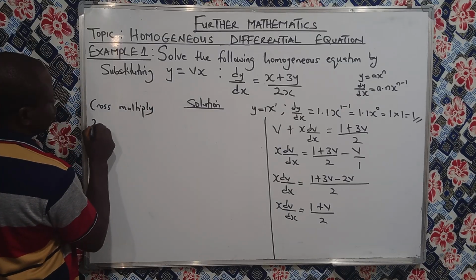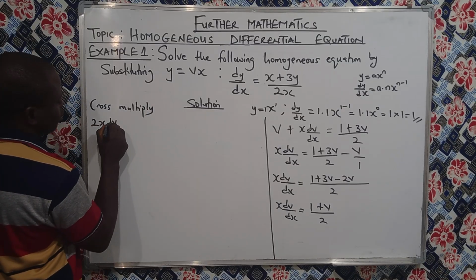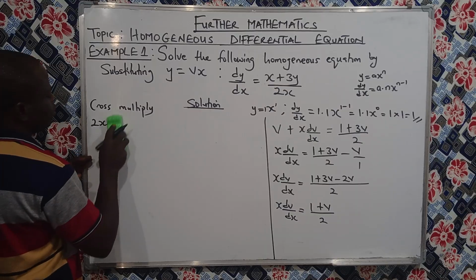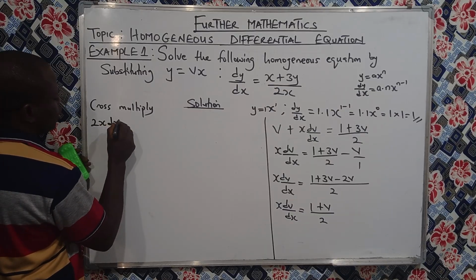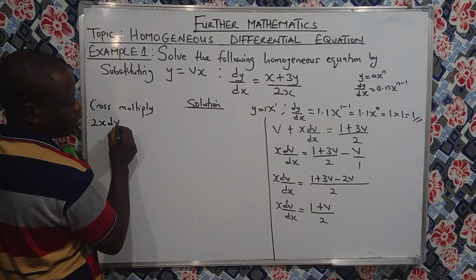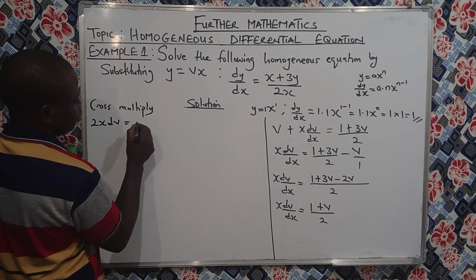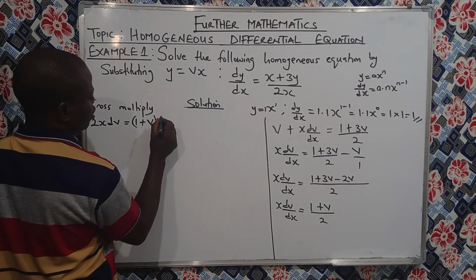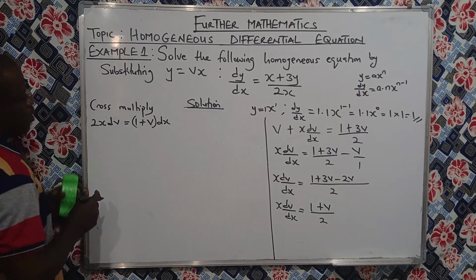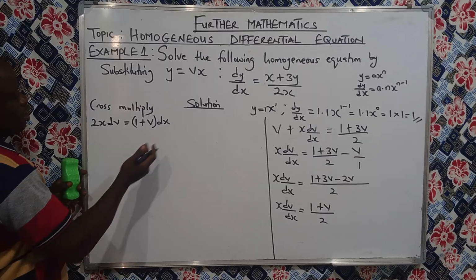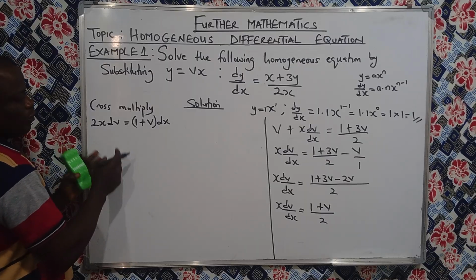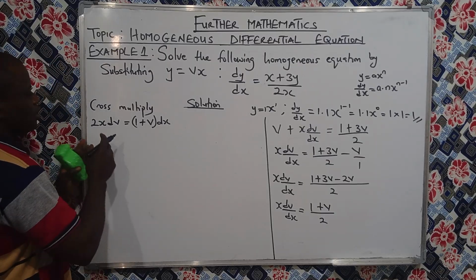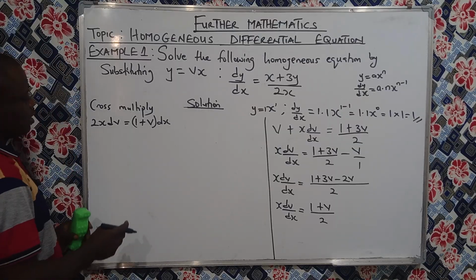When you do that, you're having 2x dv equals 1 plus v dx. Now you want to do it in such a way that the v with 1 plus v will be on one side, and those with x will be on the other side.